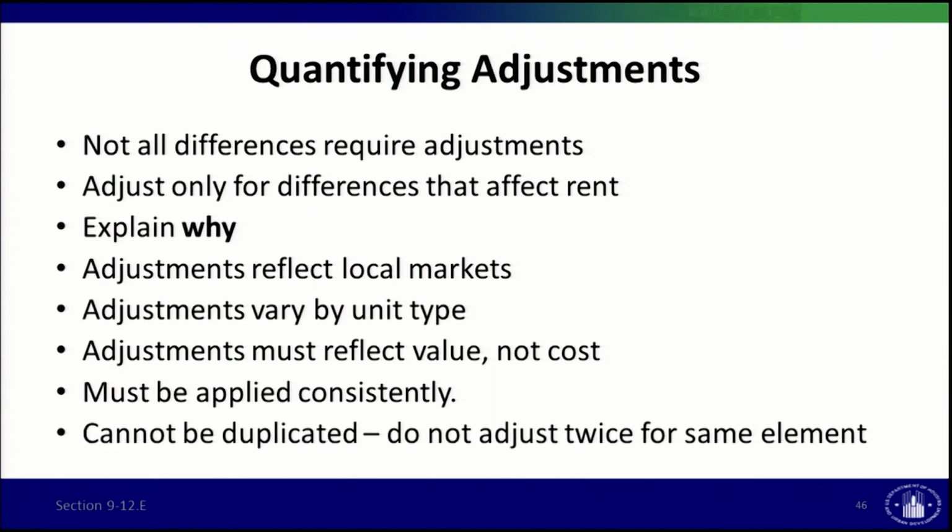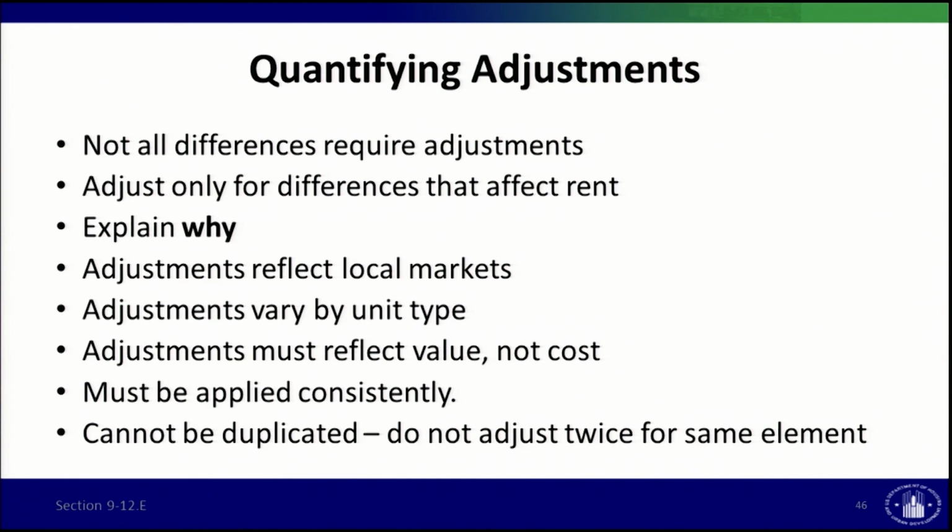Last, please don't duplicate adjustments. The example in the guide describes adjustments to age and project appeal. You should make sure that the combination of those two adjustments does not exceed the value a tenant would place on those two line items.